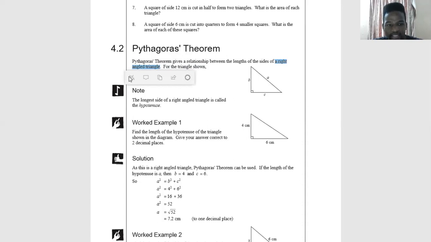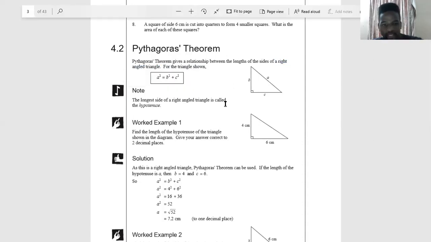I hope you understand, it's very clear. Meaning all of the other triangles, you can't apply the Pythagoras theorem except only on the right angle triangle. So let me explain something to you very quick, guys, to make it easy for you to understand.